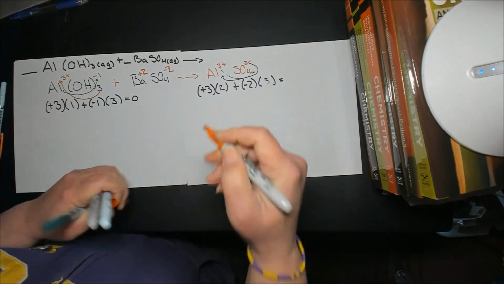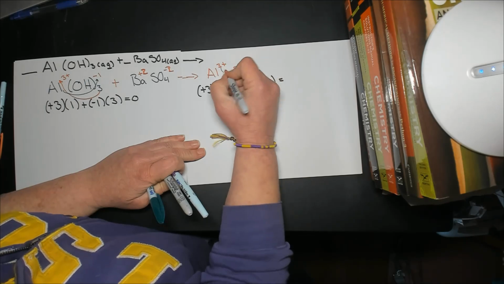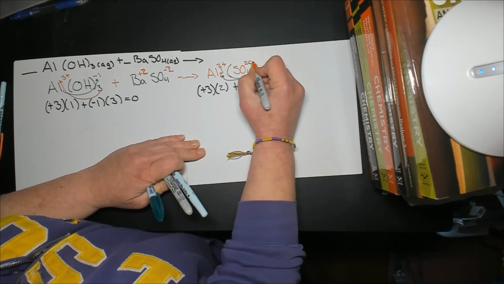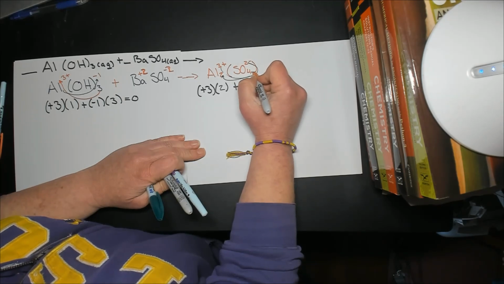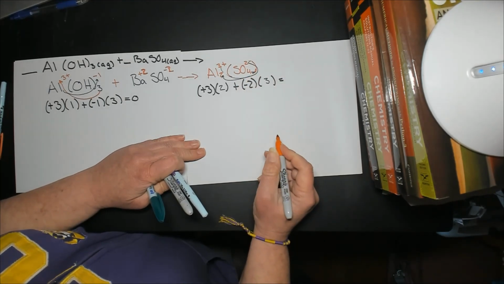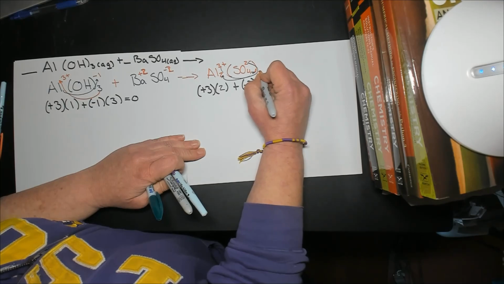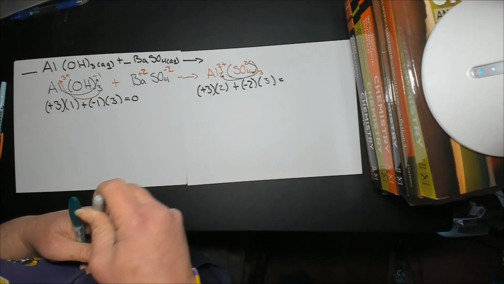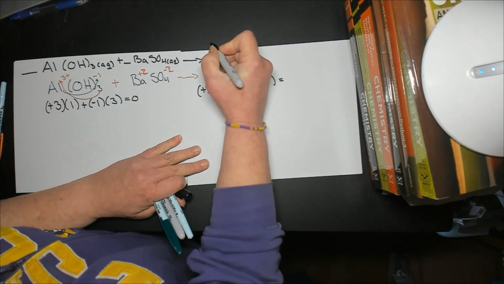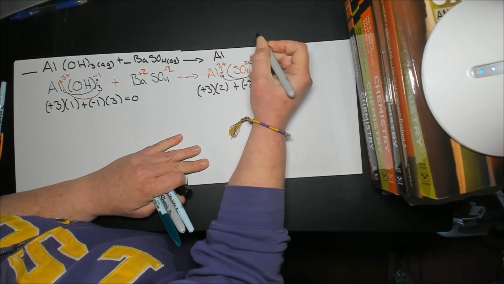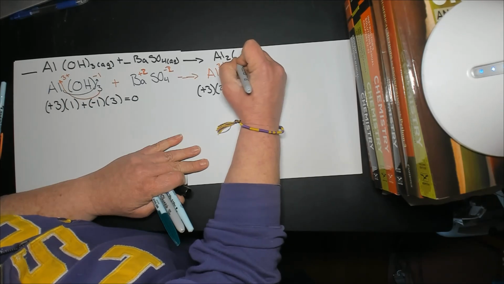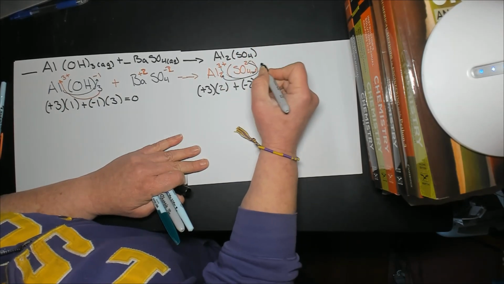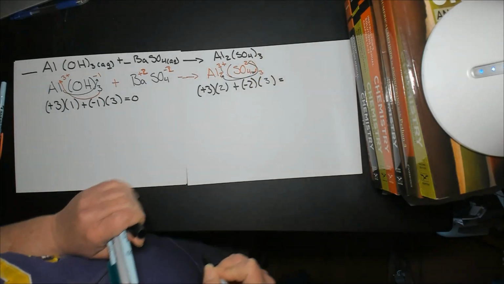So that means that I have 2 aluminum ions and 3 sulfate ions. This is a polyatomic, so now I am going to put my parentheses around there. Let's go ahead and write it neater above. So I have Al2(SO4)3.